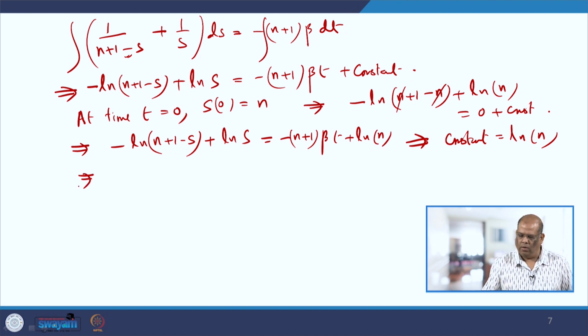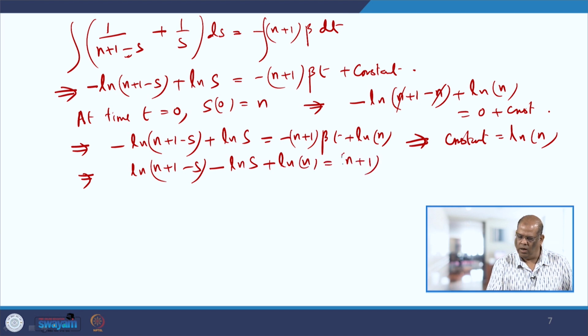So, you take all the logs to one side and you get ln(n plus 1 minus S) minus ln S plus ln n equal to (n plus 1) into beta t. So, I take this to this side and all of this to this side.